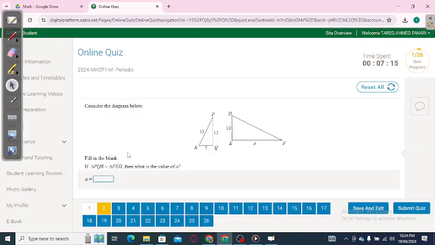Question number 2 is about similar triangles. Similar triangles are extremely easy, but they can be tricky because of the orientation of anything, not the values, just the orientation.